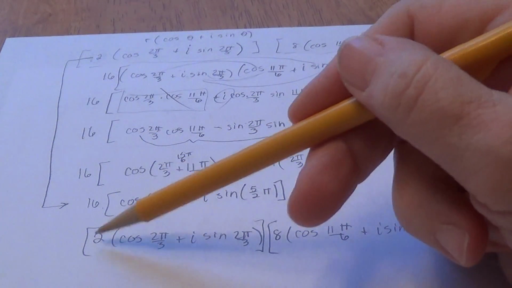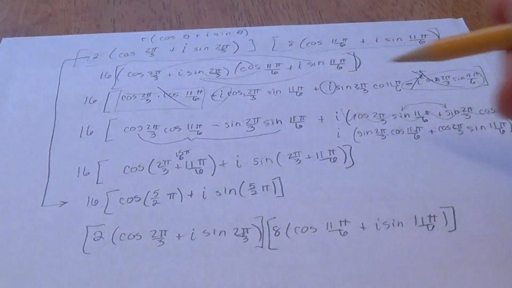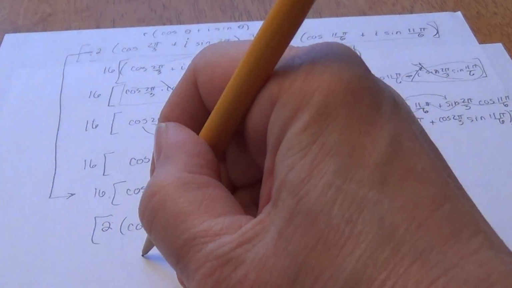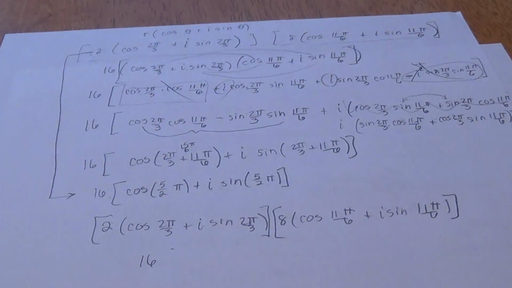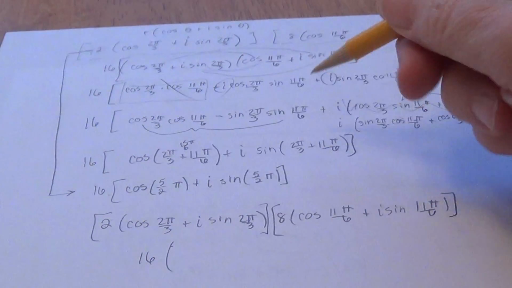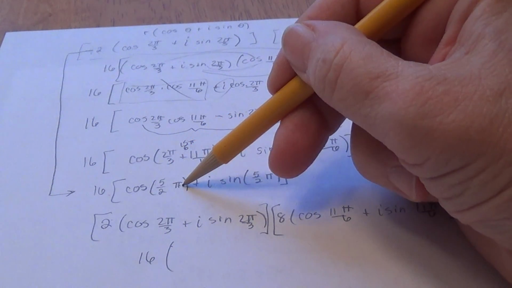Easy peasy, just take the modulus times the modulus. I'm sure there's a plural of modulus, but I don't know what it is. Moduli, moduluses. All right, 16. And what happens here? How could I get this number quickly, the 5 halves pi?